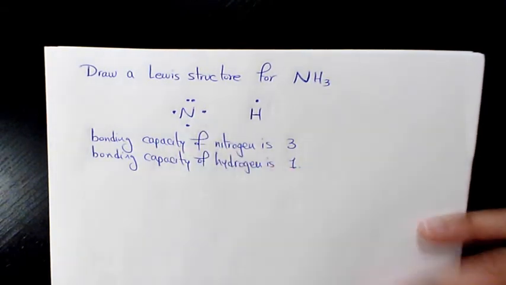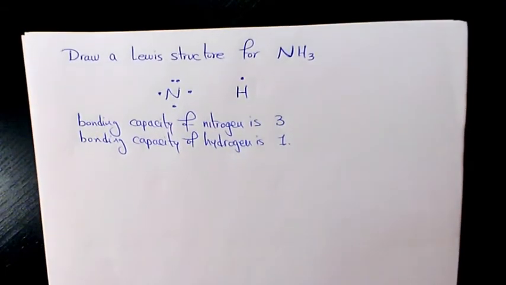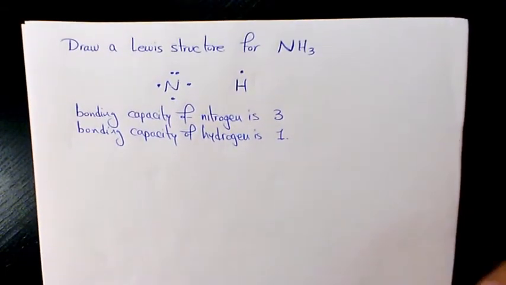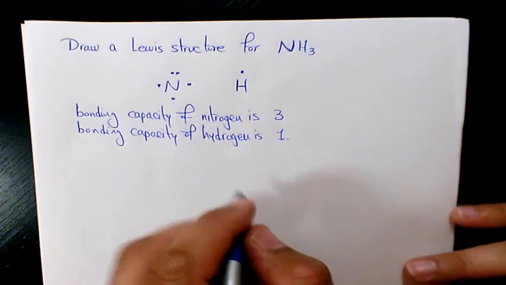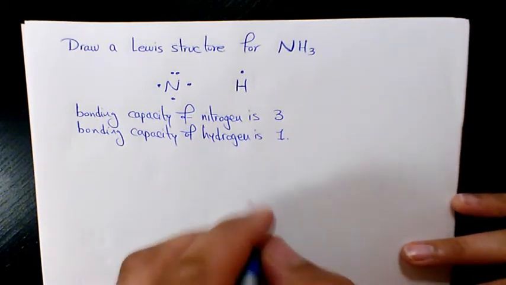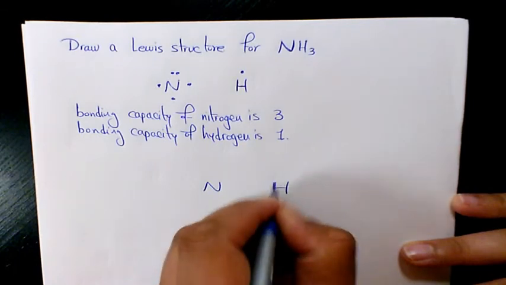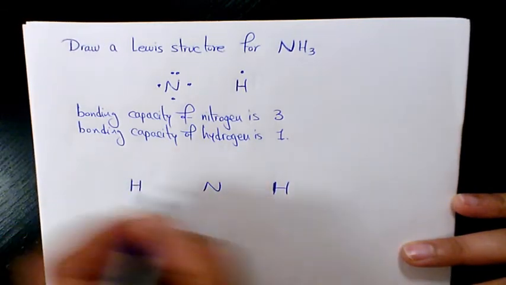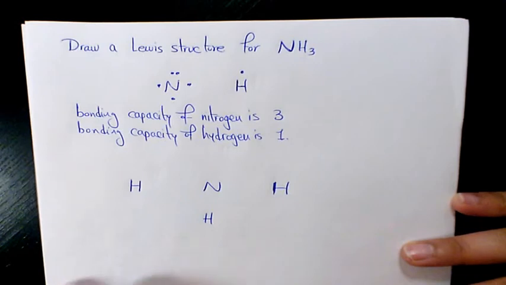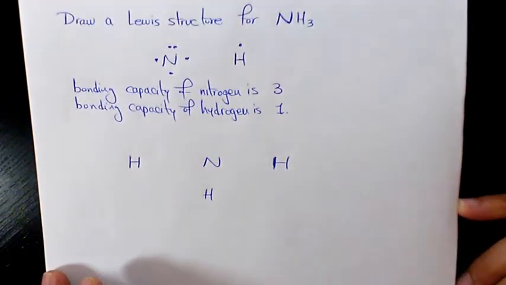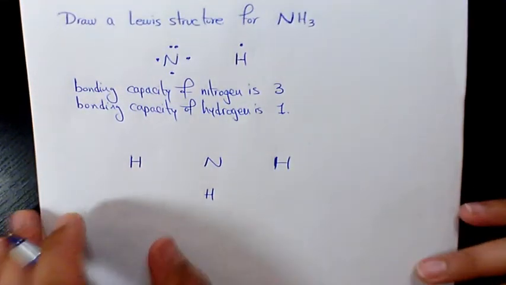So the central element is nitrogen, so we just place them and we put the surrounding element like that. Then we add up the number of valence electrons available in an atom.